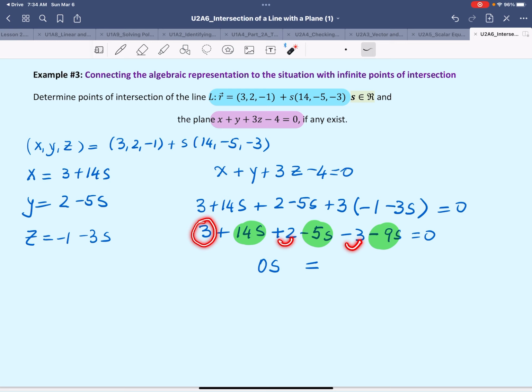So in this case, we'll have 5 minus 3, 2 plus 2, 4, and then minus 4, that is 0.